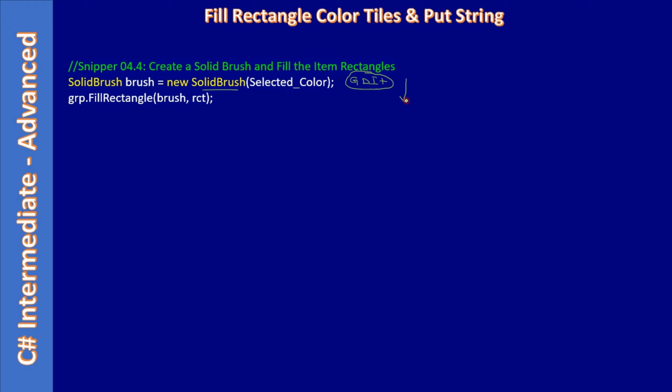Remember that this code will be inside the DrawItem event handler. In the last video we saw when the DrawItem event handler gets called by the combo box control. Whenever the display needs redrawing, it makes a call. When we click the drop down, the DrawItem handler gets called for all the items.